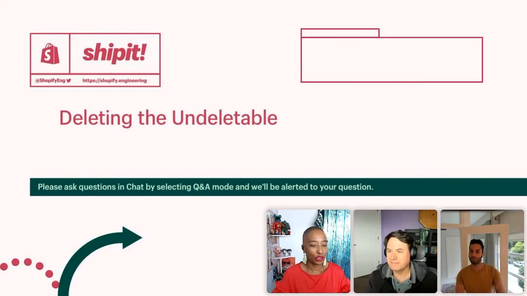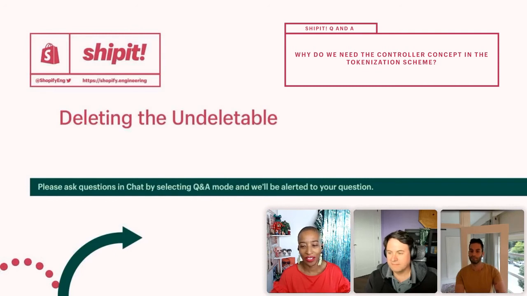Why do we need the controller concept in the tokenization scheme? I think we talked about that earlier, and it has to do with the fact that we are here on behalf of merchants, so we need to be very careful about which merchants we delete information from, because typically buyers have a relationship with merchants.